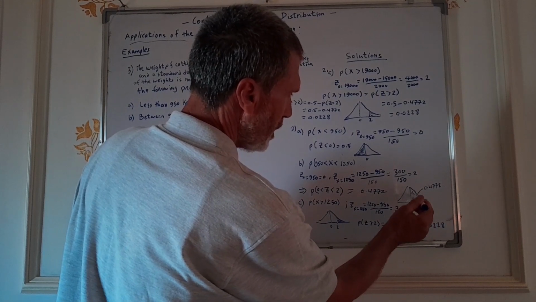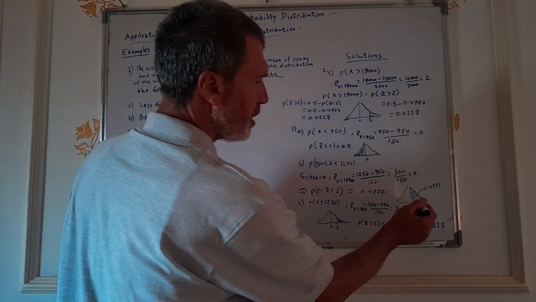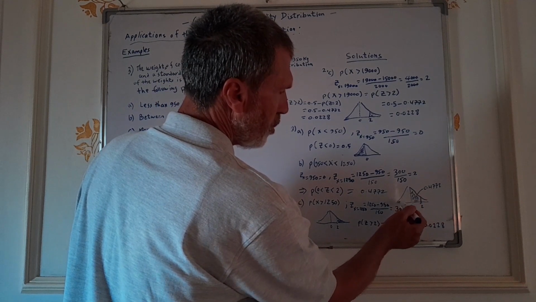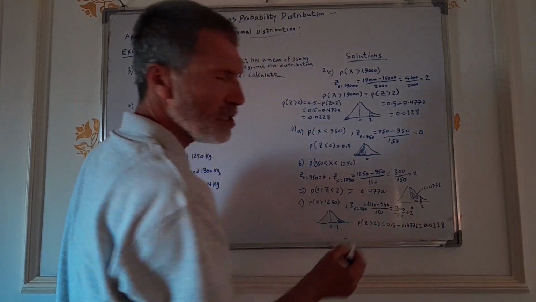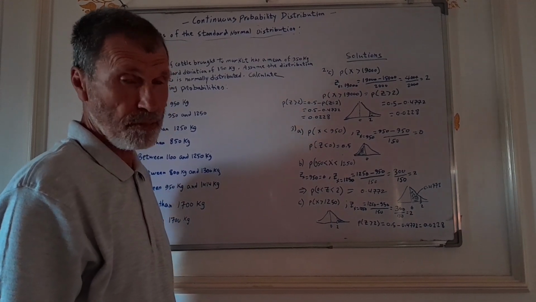This will give you the area underneath the right half of the normal curve, which we calculate from the Z table in the appendix.